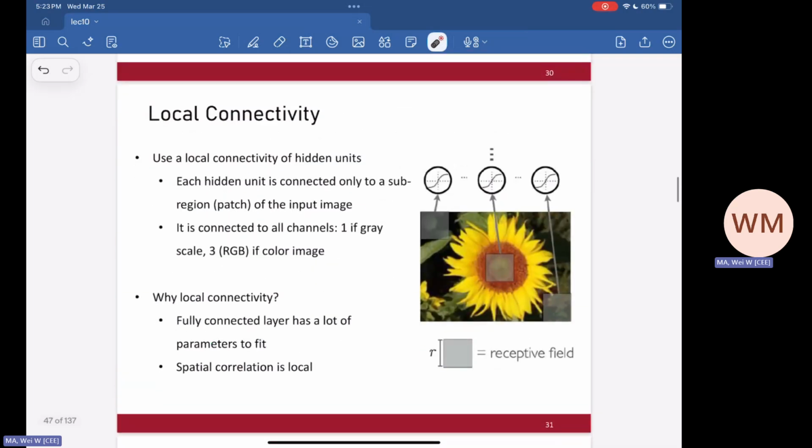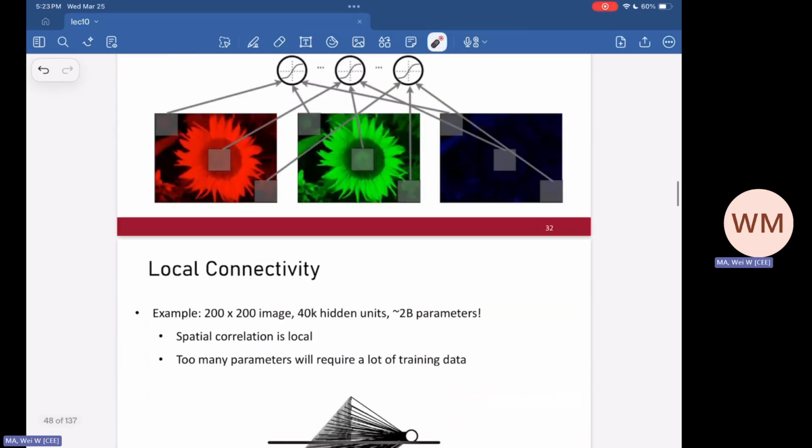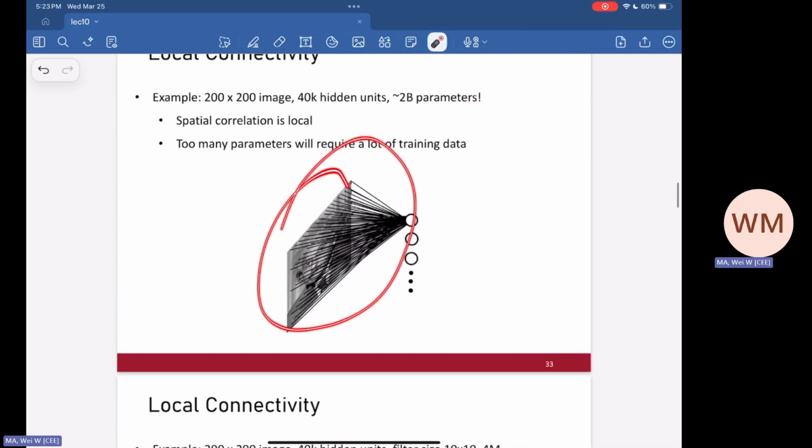The pixels in an image are actually related only when they are nearby, so we can only look at this area. In the past, all the pixels were connected to one single neuron. We don't need to do this. We only need to let this part of the pixels connect to this neuron.